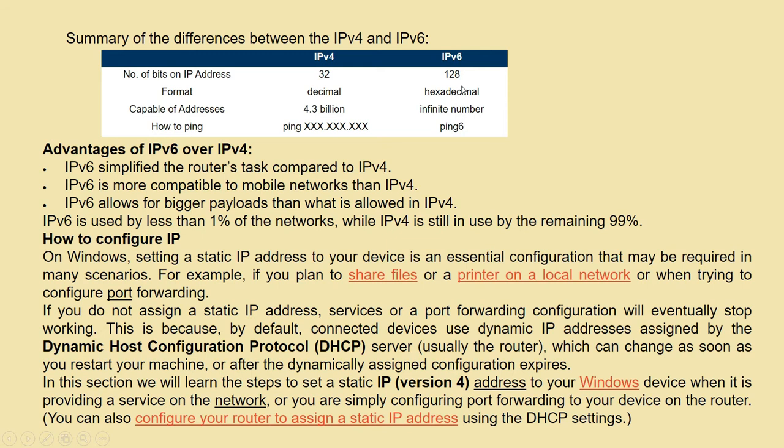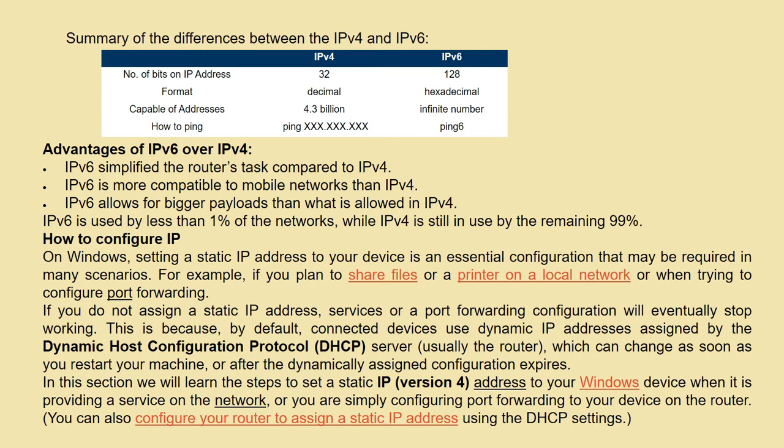Now the v6 and v4 concepts have some advantages also. Here we will discuss the advantages of v6 over v4. If you are using v6, what advantages do you get compared to v4? IPv6 simplifies the router task compared to IPv4, and IPv6 is more compatible with mobile networks than IPv4.